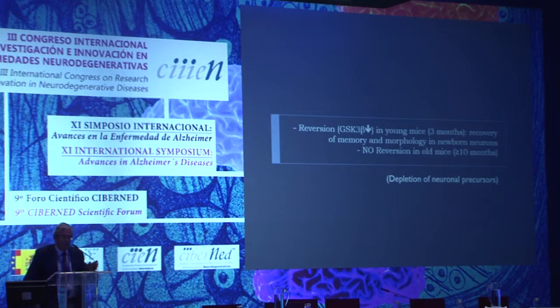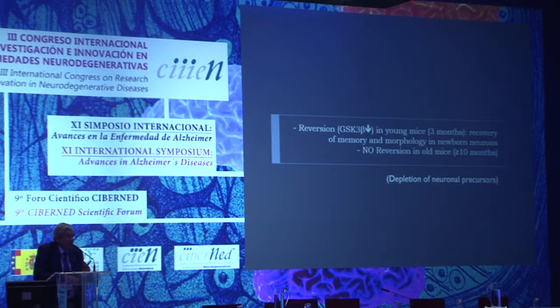This is a model, in theory, for Alzheimer's disease. If there is an increase in GSK3, which apparently takes place in Alzheimer's patients, we can start to protect, if it's the cause of the disease, using an inhibitor of GSK3.